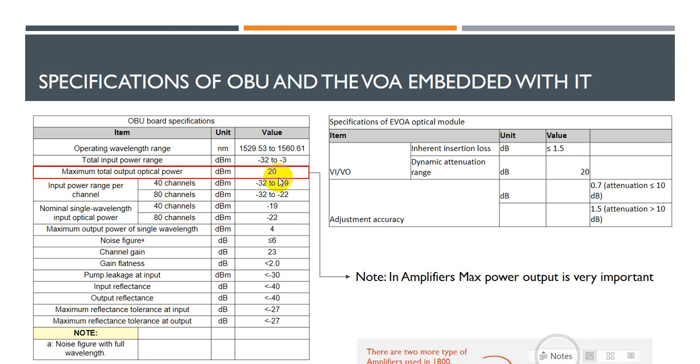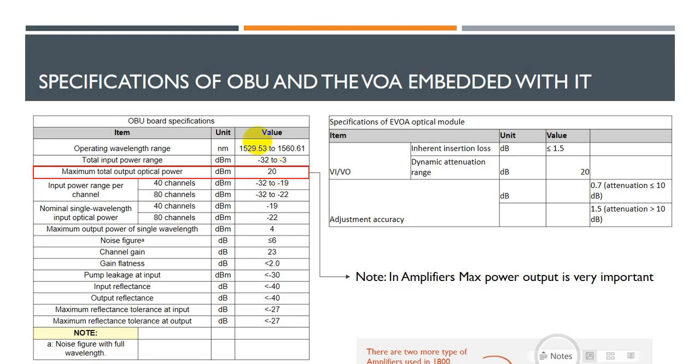So we need to take care of this very well while we do all the O&M or even designing, because sometimes we feel like there is a gain and it should go, but if the total output power is crossing 20 dBm, and even after that you try to make the adjustment in the input signal, nothing will change, and the amplifier will reach saturation, and some or all channels may get a problem, they may go down.